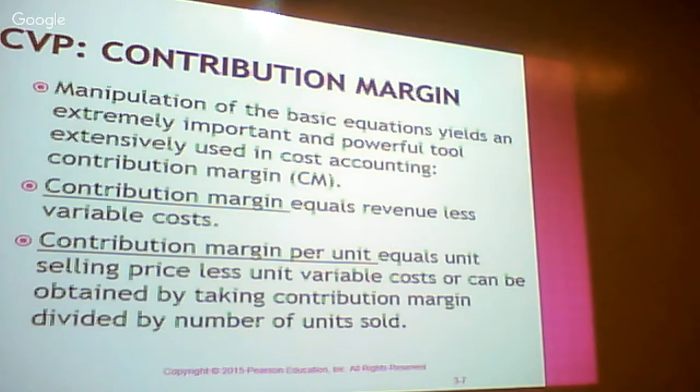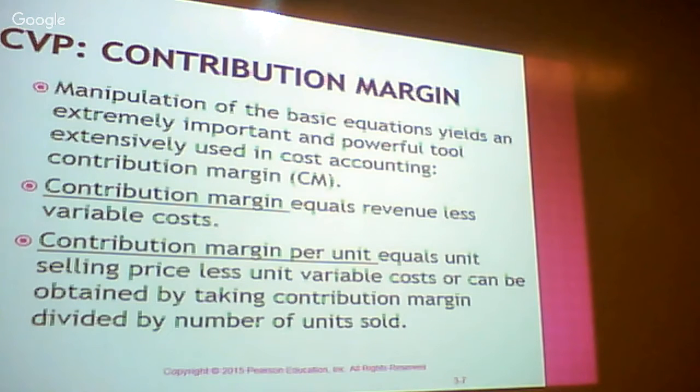All right, so say I have 5,000 units, okay, $1 million in revenues, and 500,000, I'm just making this really easy, in variable costs, okay? So that means that my contribution margin is 500,000, right?